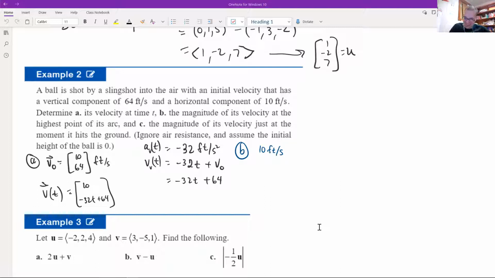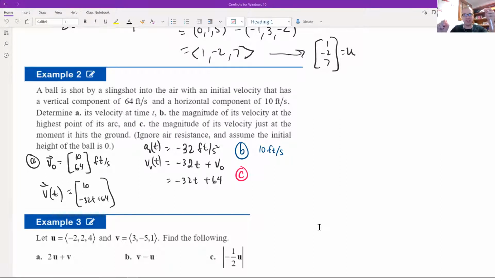And then we look at part C, the magnitude of the velocity just at the moment it hits the ground. Interesting. One way that I might attack this is realizing that, since we're assuming ideal conditions here, this ball is starting off at the ground and it's going to end at the ground.